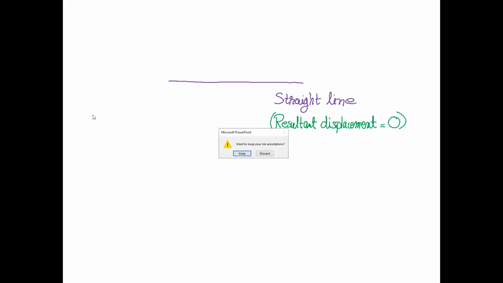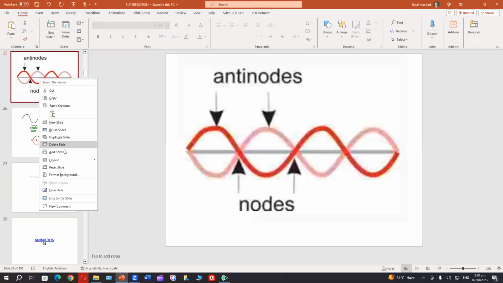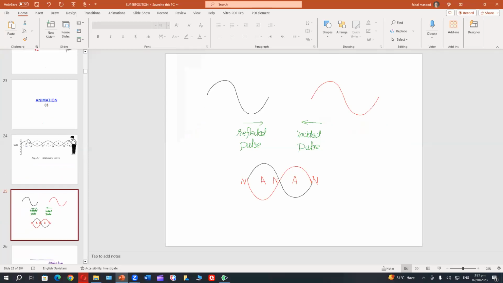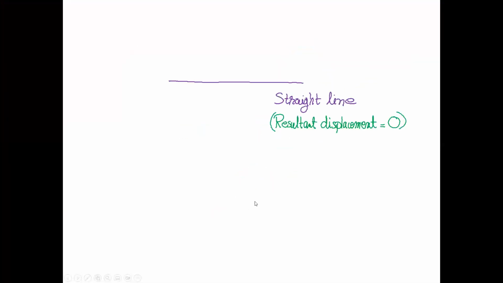When it came the first time, the majority of people couldn't understand how displacement can be zero. Actually, when a signal is moving up and down, and it is traveling the same distance above the line and below the line, the resultant displacement would be zero.